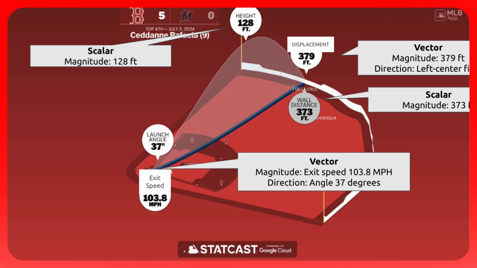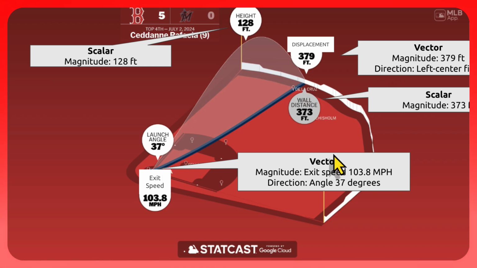So then when you put them together, you can look at all the elements of Rafaela's home run. The height is a scalar, magnitude. The distance to the wall is a scalar, 373 feet. But the displacement of the ball was 379 feet of magnitude, and then left center field is the direction. So that's a vector.